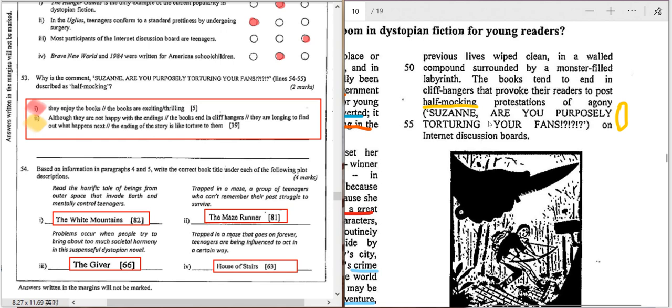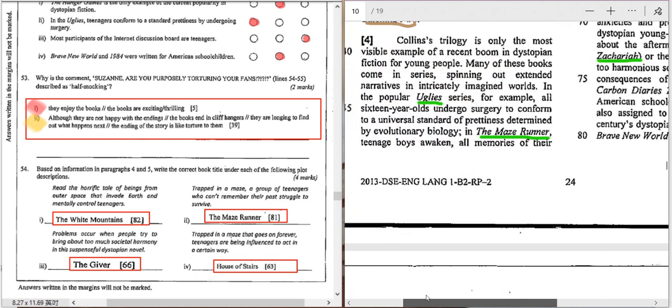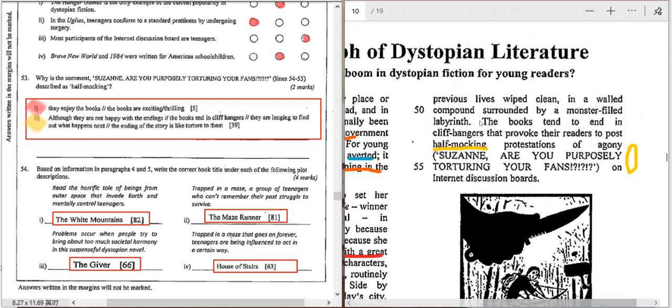Now let's look at this paragraph very carefully once again. So paragraph 4 opens with a few examples of dystopian literature, giving you the summaries of these works. And right here, line 47, for example, it says, in Maze Runner, teenage boys awaken, all memories of their previous life wiped clean, in a walled compound surrounded by a monster-filled labyrinth.